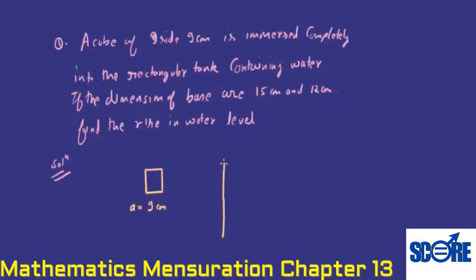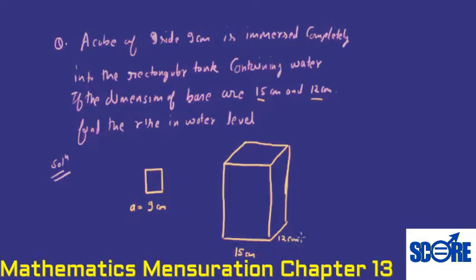Let's draw a cuboid. This is a cuboid, and the dimension of the base are given to us, that is 15 centimeter and 12 centimeter. So its length is 15 centimeter and the breadth is 12 centimeter.